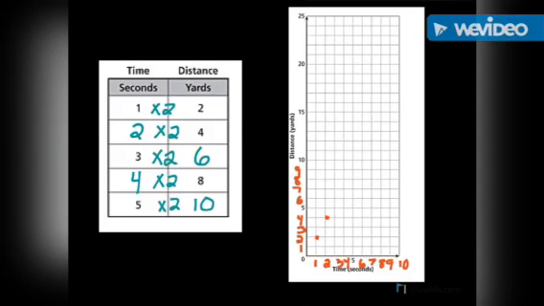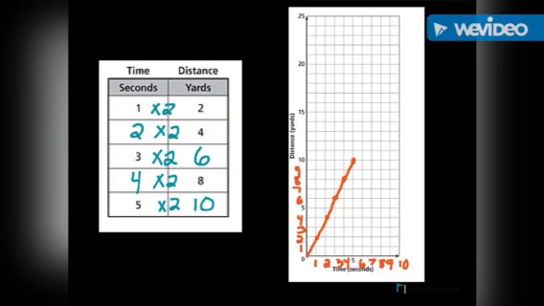Then I have 3 seconds, 6 yards, right there. And 4 seconds to 8 yards. And 5 seconds to 10 yards. I'm going to go ahead and connect my dots.